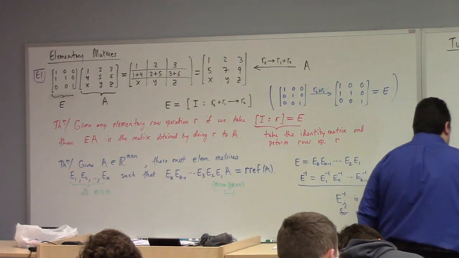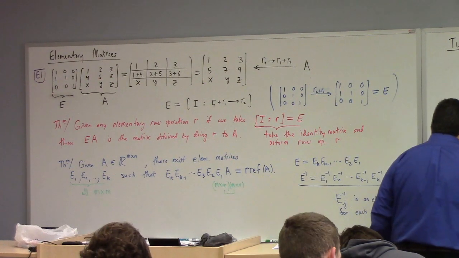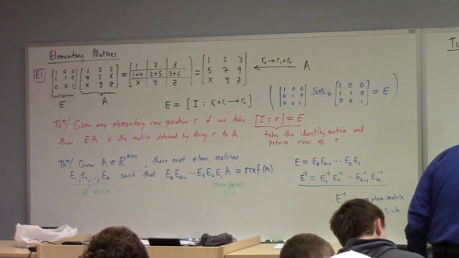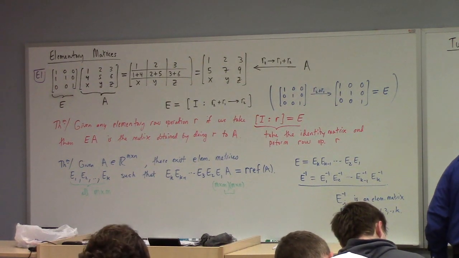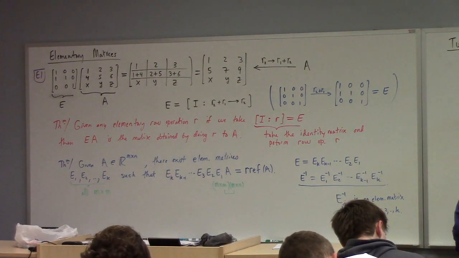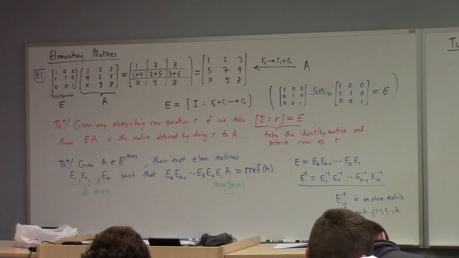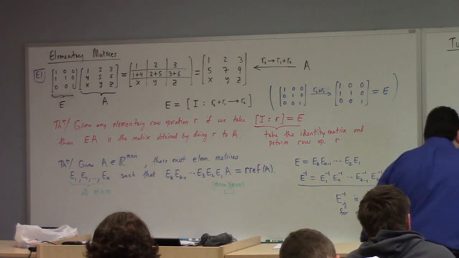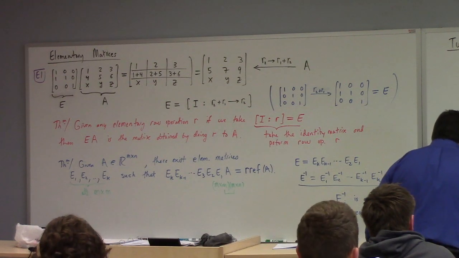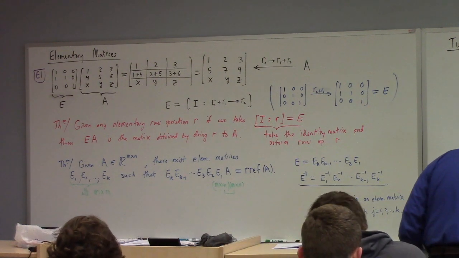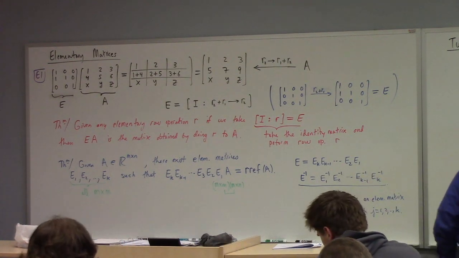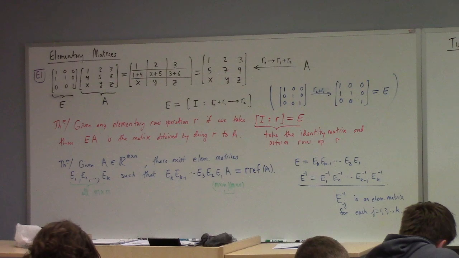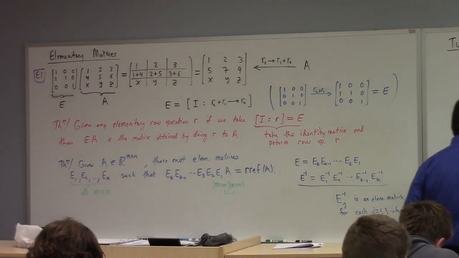So the second big idea: S equal to {v1, ..., vk} is linearly independent, which we thankfully have an abbreviation for, namely LI, if and only if c1v1 + c2v2 + ... + ckvk = 0 implies c1 = 0, c2 = 0, ..., ck = 0.